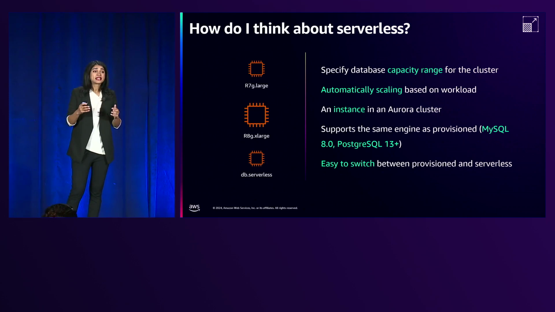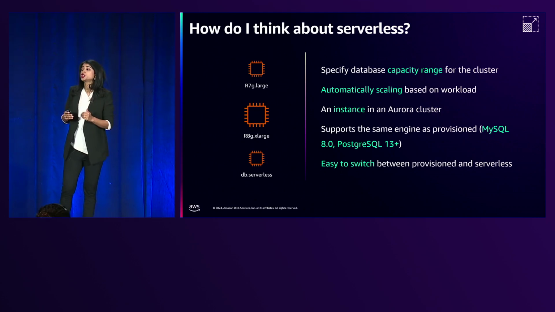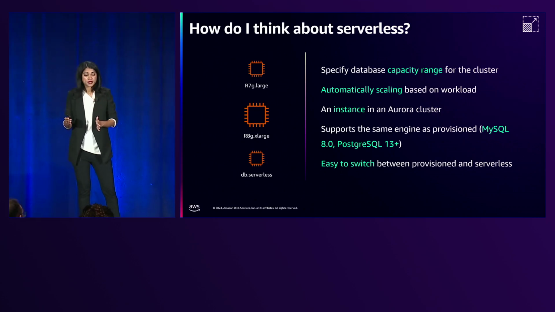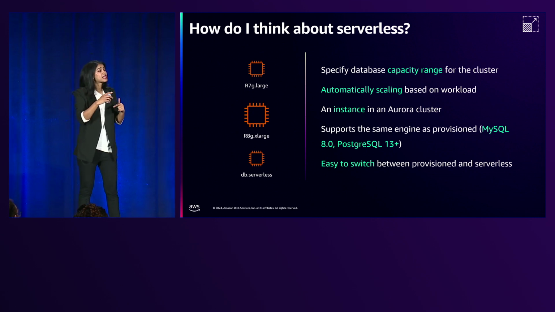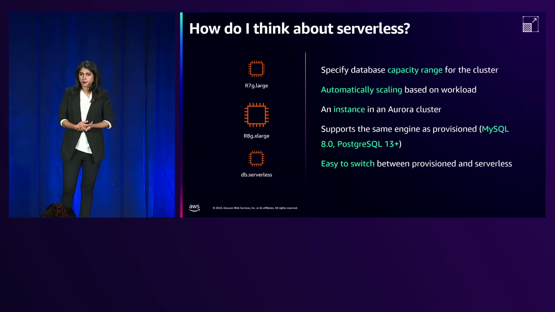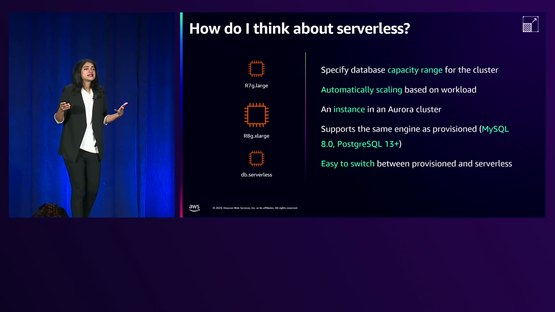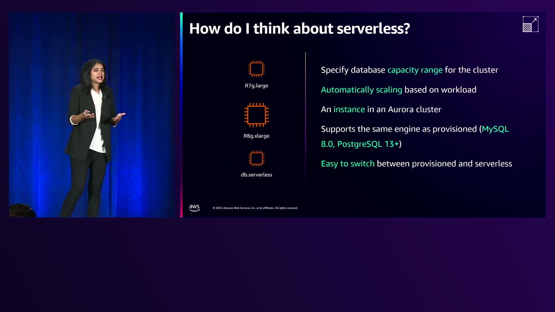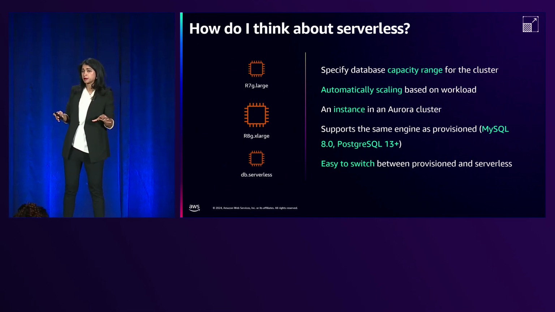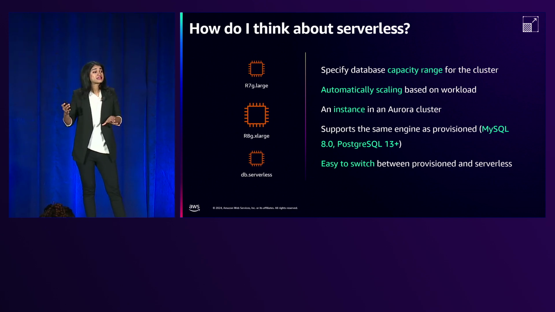Instead of thinking about getting that fixed capacity, what you do is you specify a range. You say this is the minimum, this is the maximum, and then the database scales within that specific range. So now for serverless, also think about it just having this special instance in your cluster, which is essentially scaling up and down.